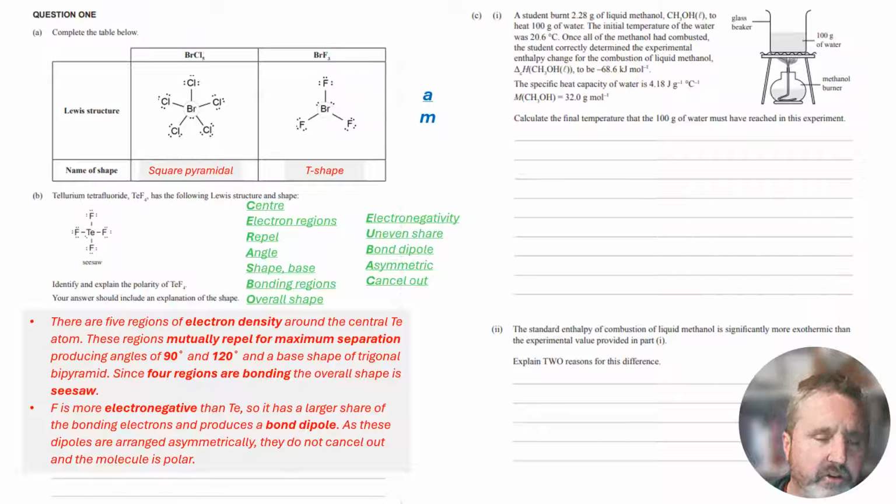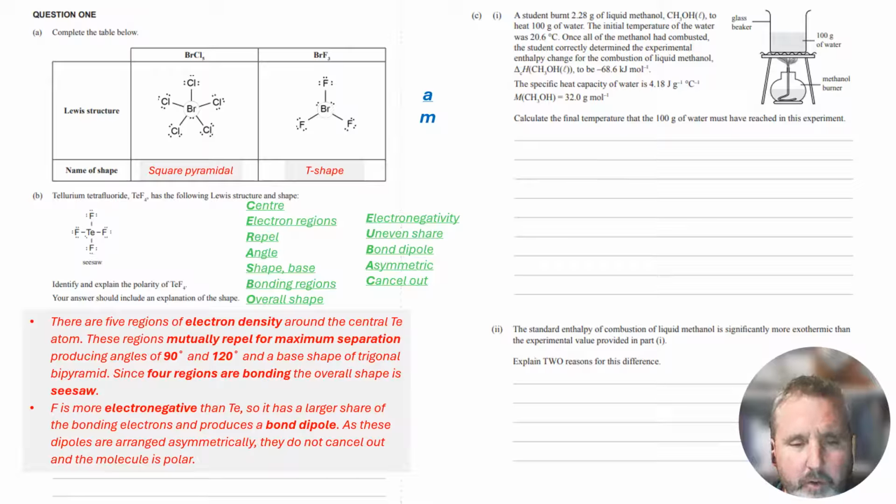The only symmetric shapes that we know for 5 electron density regions around the center and for 6 are trigonal bipyramid, octahedral, and square planar. So as these dipoles are arranged asymmetrically in this molecule, they do not cancel out and the molecule is polar.